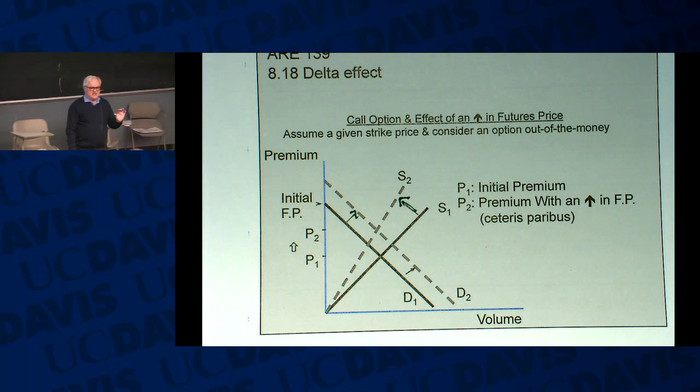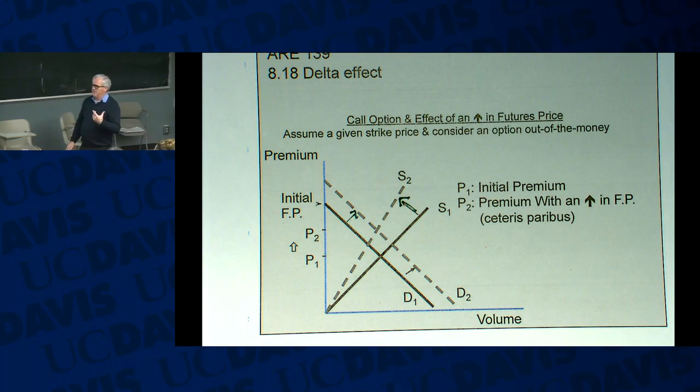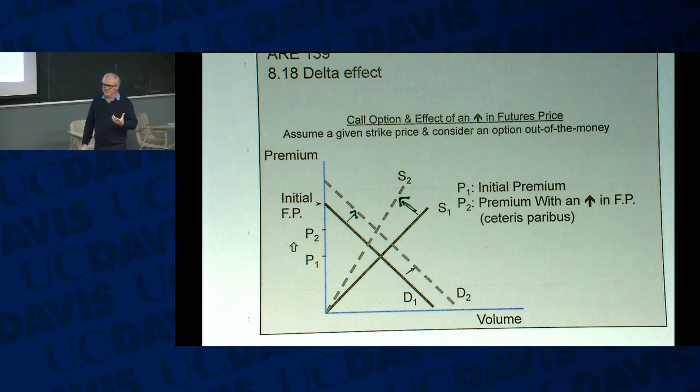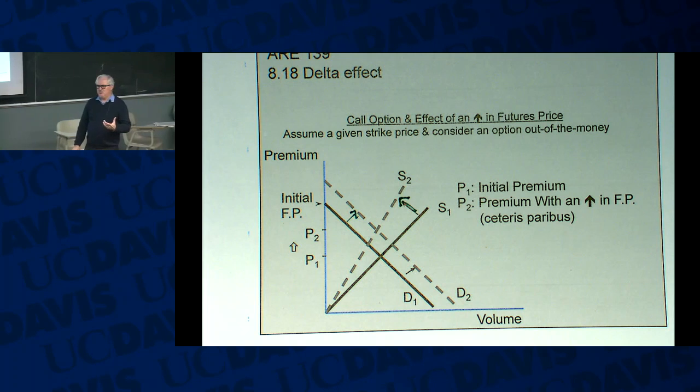Think of it logically. If you're selling a call option that's out of the money, let's say the call option has a strike price of $50 in crude oil, and the futures price today is $45.